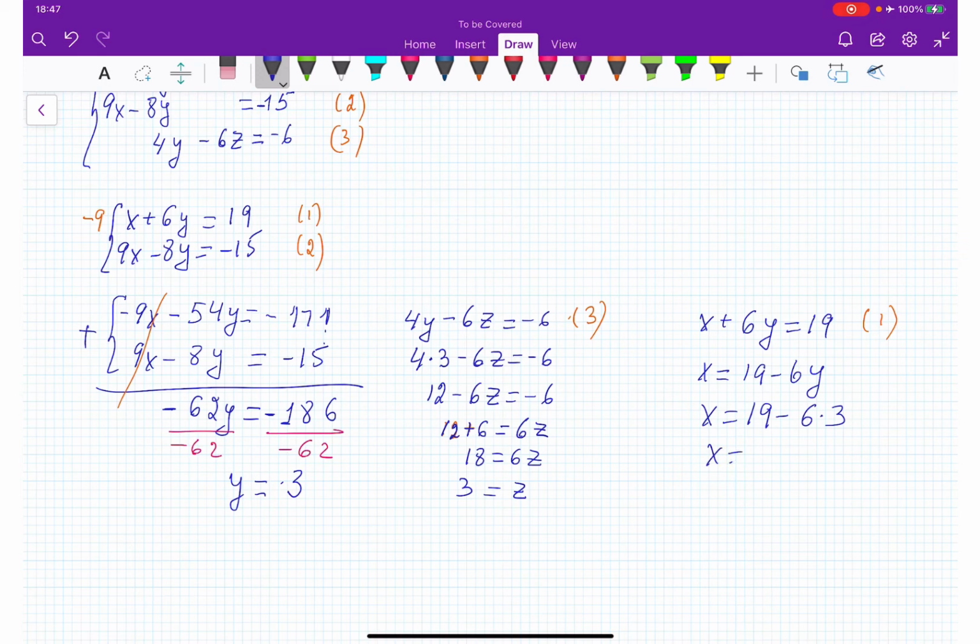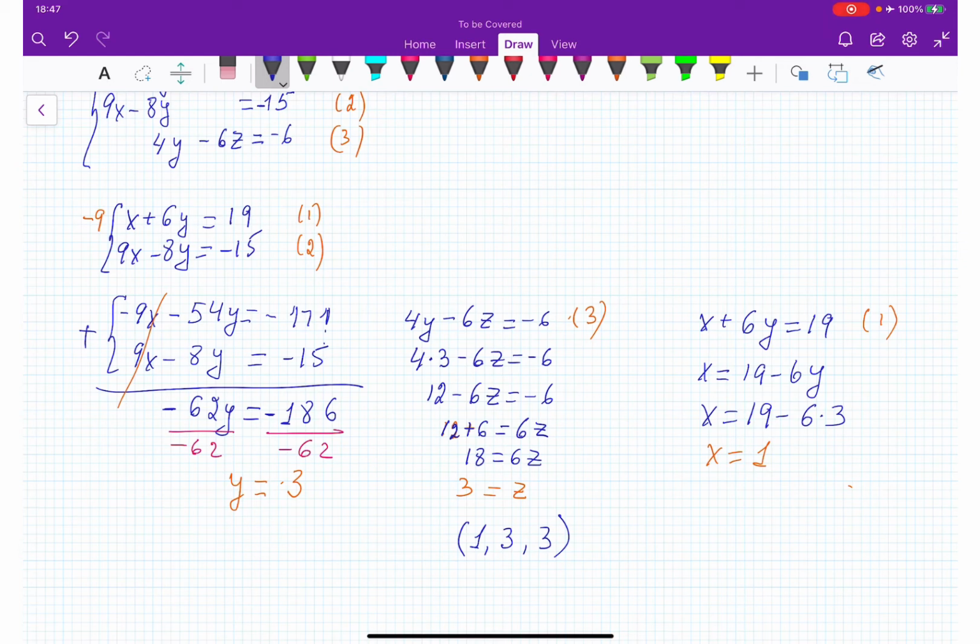So x is equal 1. Okay, so I'm going to change the color. z equal 3, y is equal 3, and x is equal 1. And the answer is x is 1, y is 3, z is 3.